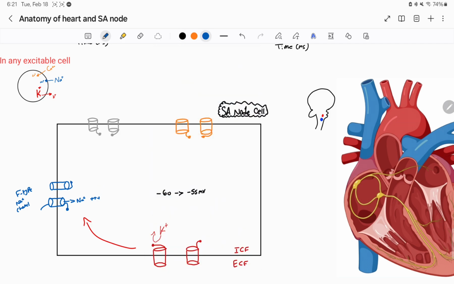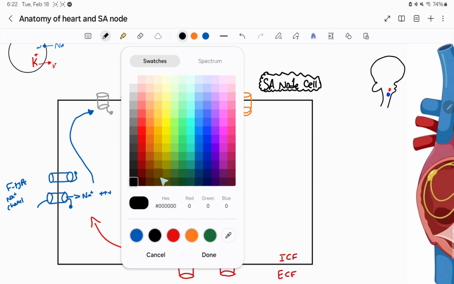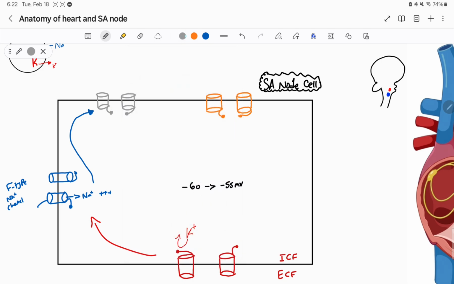And what's going to end up happening is these positive charges will open up this voltage-gated calcium channel. A specific kind of voltage-gated calcium channel, though, not just any.